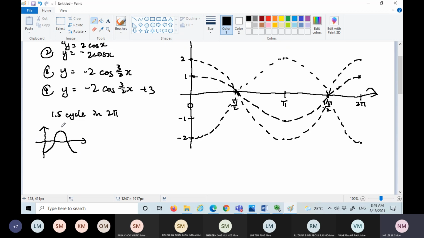Half of it will be from here to here, which means I will need from here to here again. But now I have to adjust this one to become 2 pi.